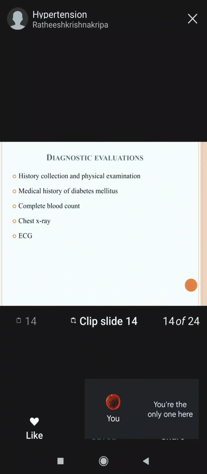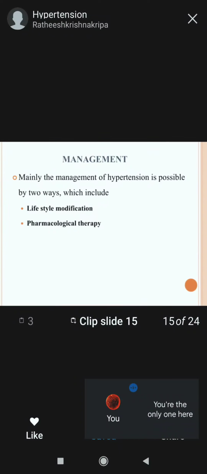So, what is the diagnostic evaluation? ECG, chest X-ray, medical history of diabetes mellitus, history collection and physical examination, complete blood count. So, what is the management? How to manage blood pressure?